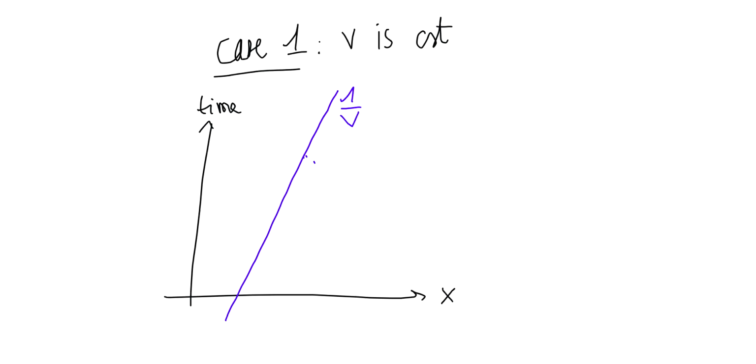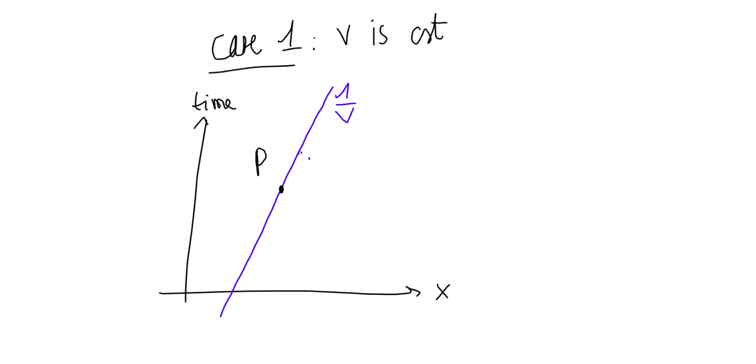Now let's say that this object is here in space and time on its world line. At this point P, I can project my space-time axes here to understand better that at point P, this is x and t, and we have an angle here.